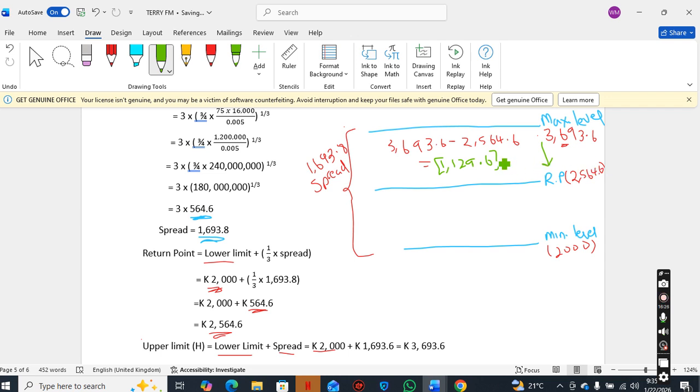So this is the amount you need to invest. Let me put here, invest. This has to be invested. Then here let's do 2,564.6 minus 2,000. What do we get? 564.6.